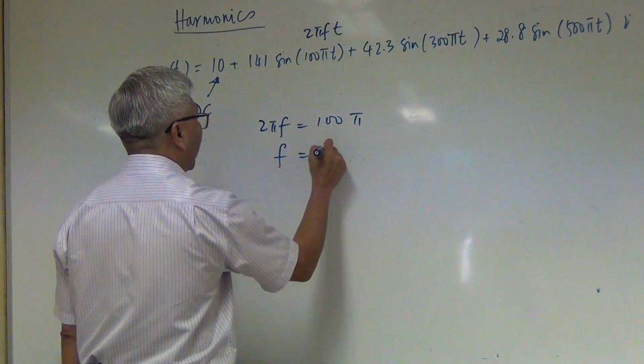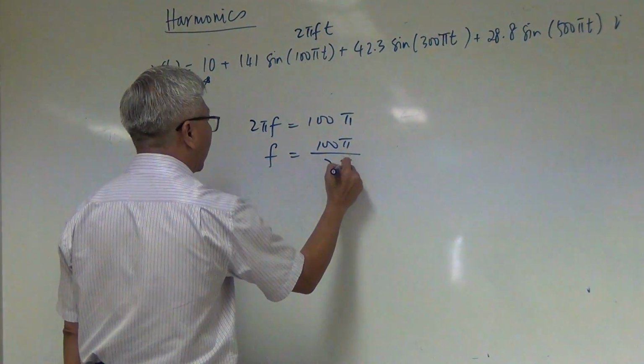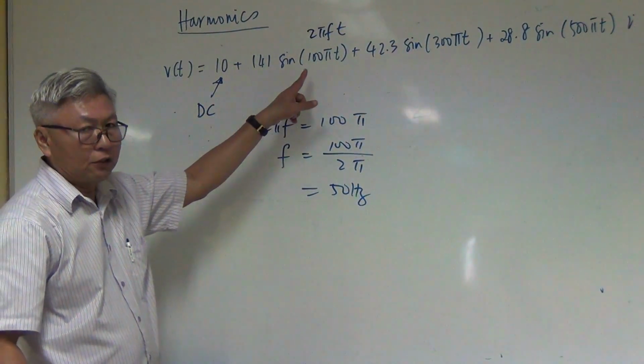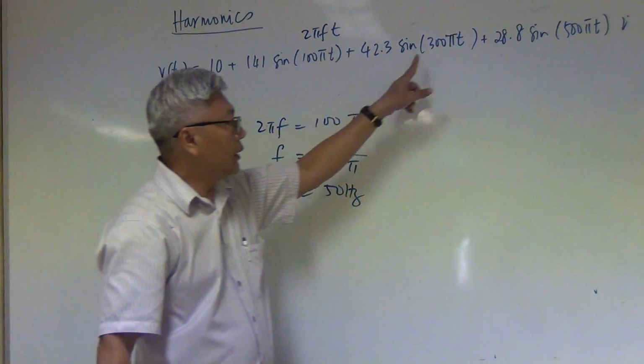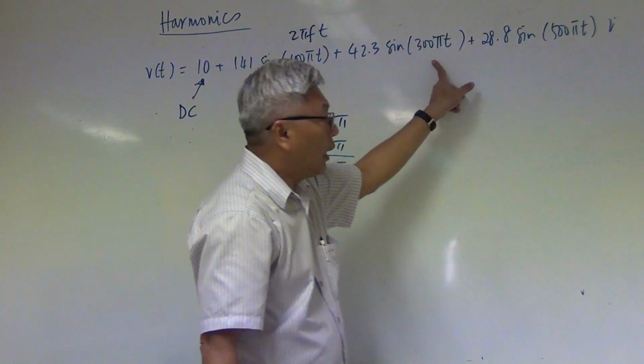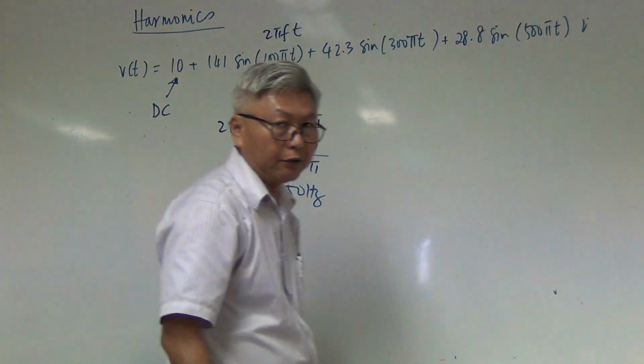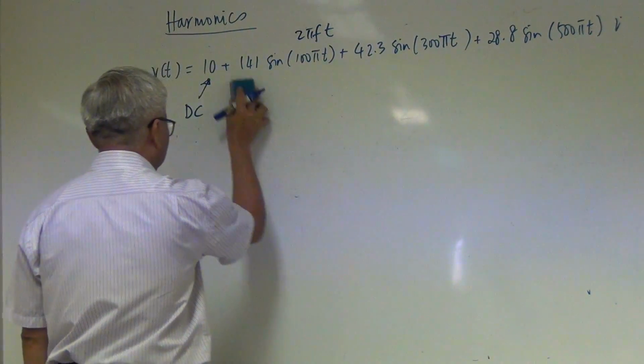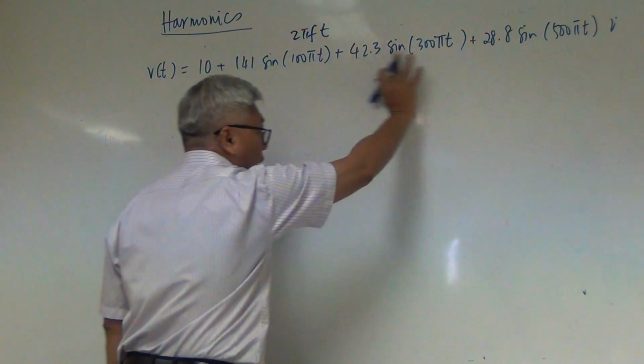So f is equal to 100 pi divided by 2 pi, which is 50 Hertz. So my fundamental frequency is 50 Hertz, my third harmonic is 150 Hertz, and my fifth harmonic is 250 Hertz.